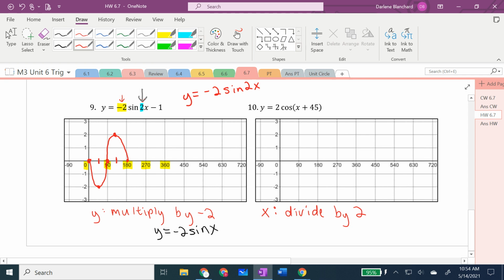Then we have one last thing that hasn't been done. And that is I have a subtraction, and it is not directly to the x because there isn't a parentheses there. So it's outside the function. That means I'm going to move everybody down 1 unit.